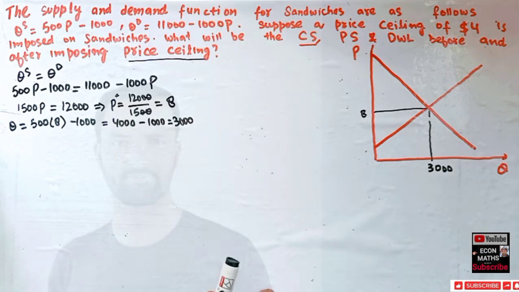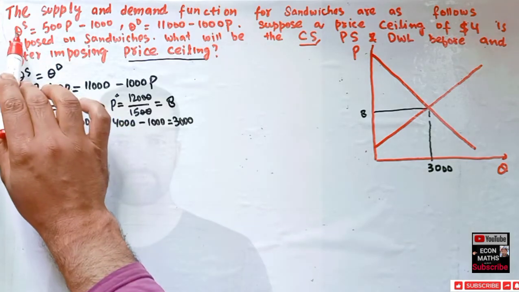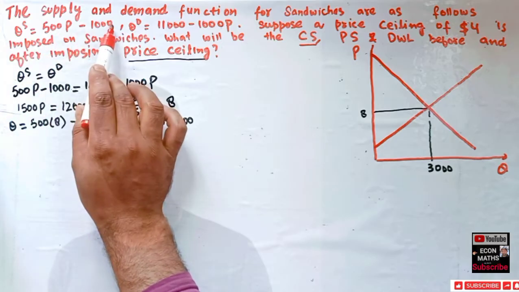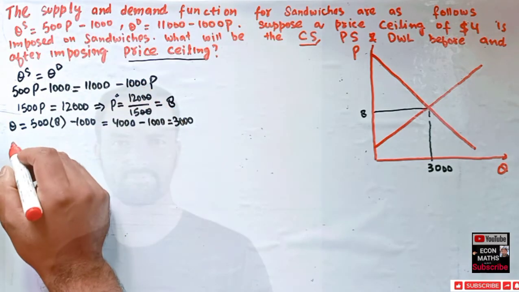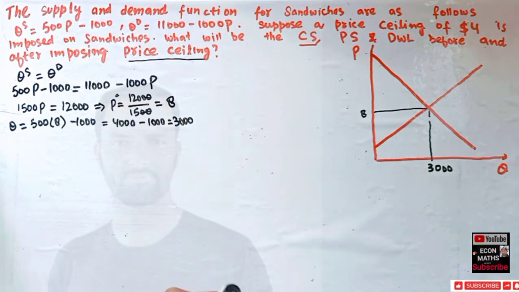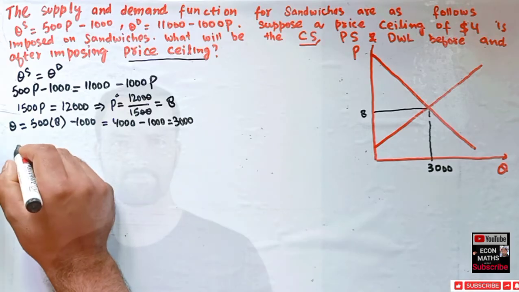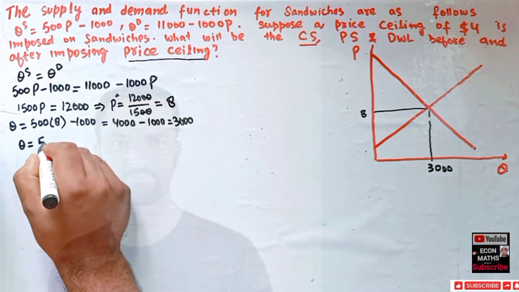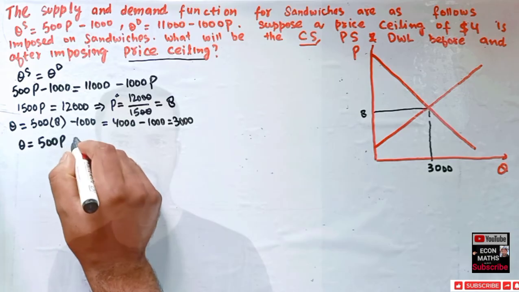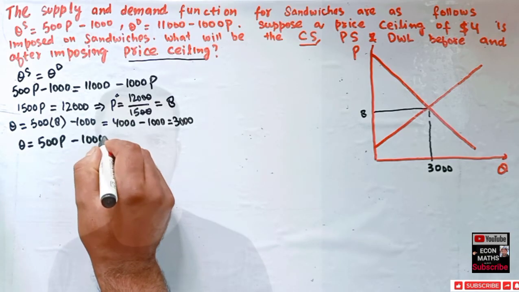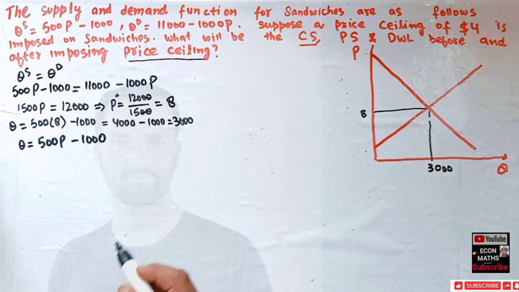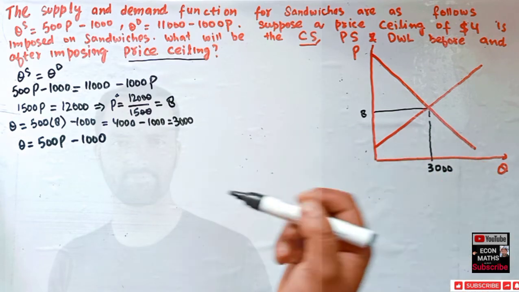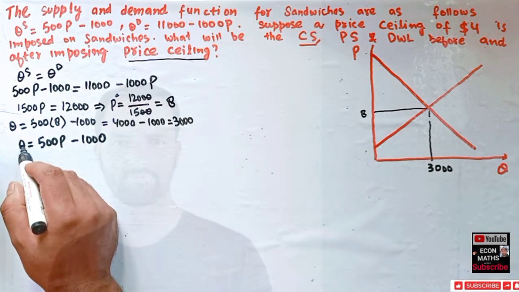Now how do we find the intercept? Let's take our supply curve first. So let me write it like this. To find the intercept, we have q is equal to 500p minus 1000. To find the intercept of the supply curve, we just put q is equal to 0.